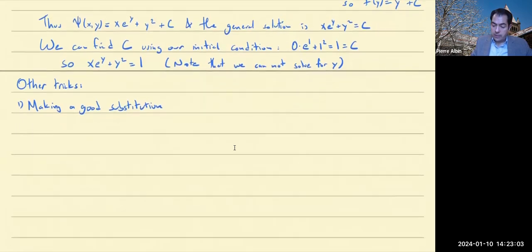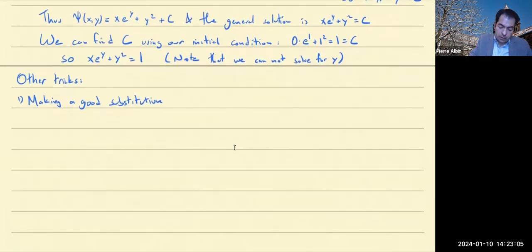So what makes a good substitution? Well, for example, if your equation has the right-hand side, which is a function of y times t, as opposed to y and t individually, then you might try using a new variable v equal to y times t.